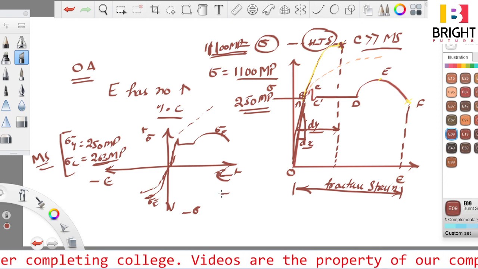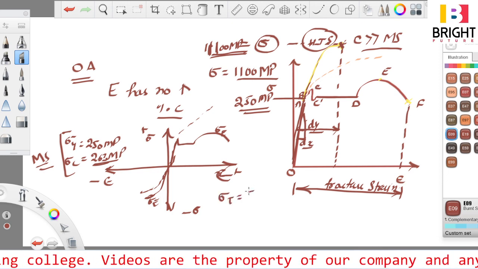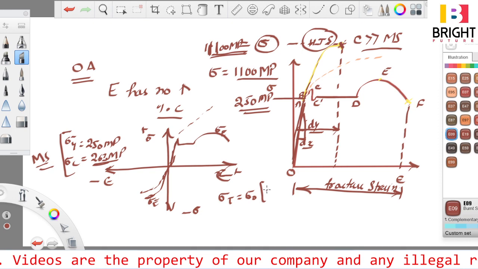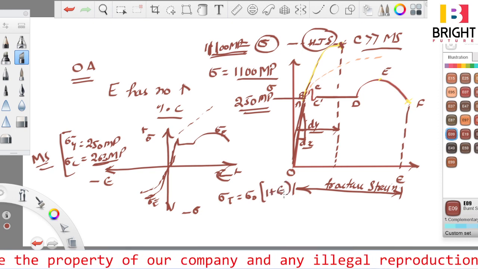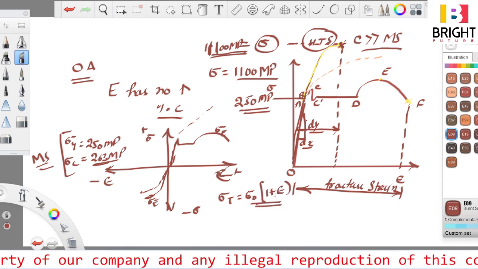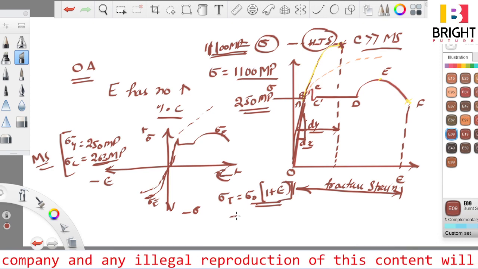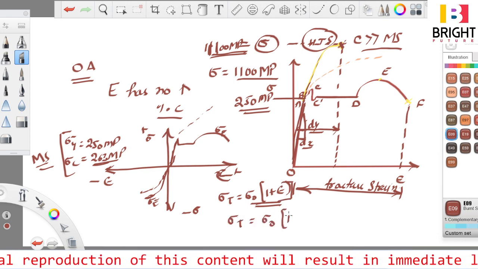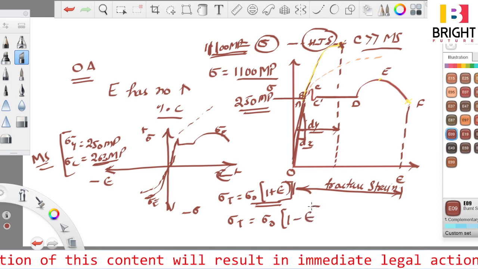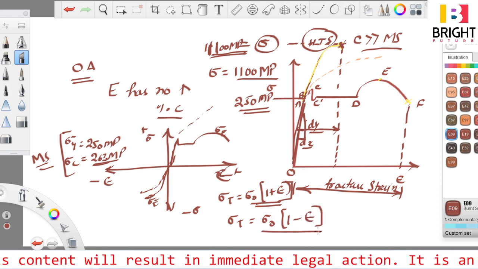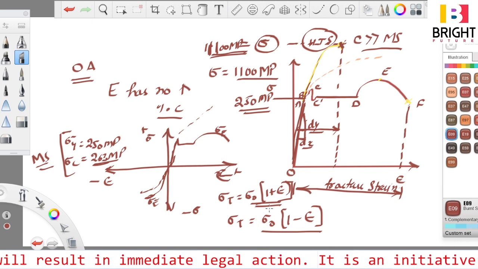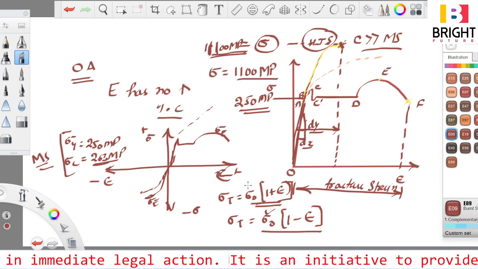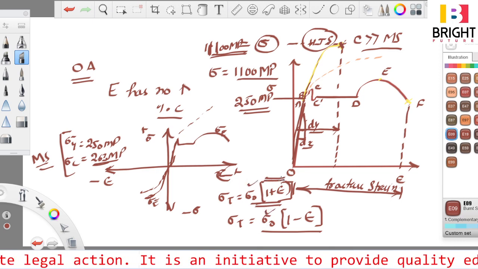As we already know the formula, true stress is equal to engineering stress into 1 plus something, so it is increasing. However, for compression it is 1 minus something, which means it is reducing. It is less than the engineering stress value, and more than this value in case of tension.